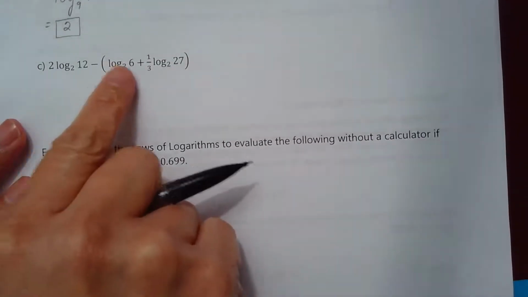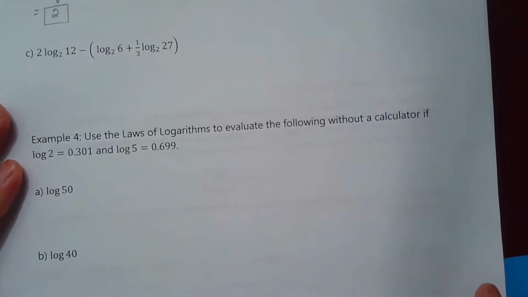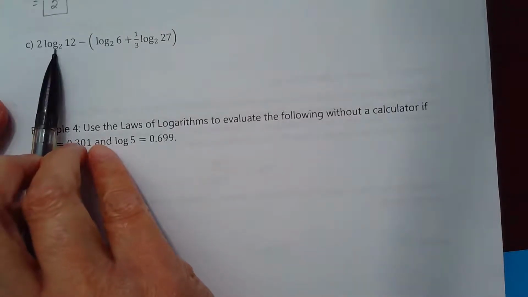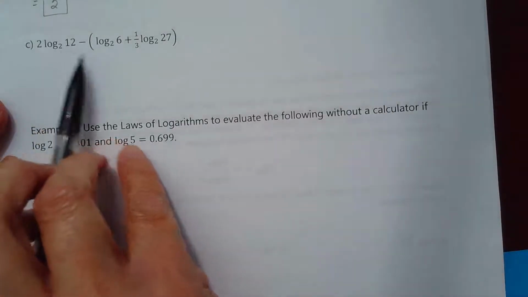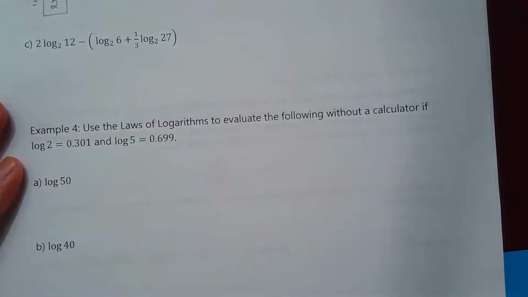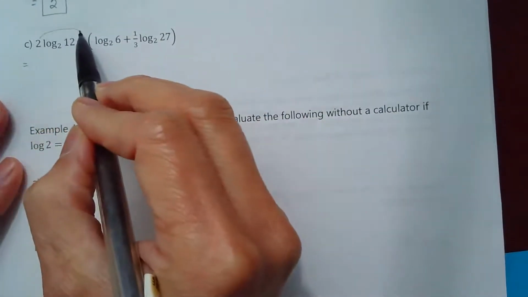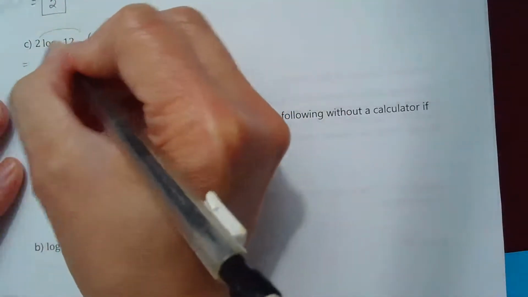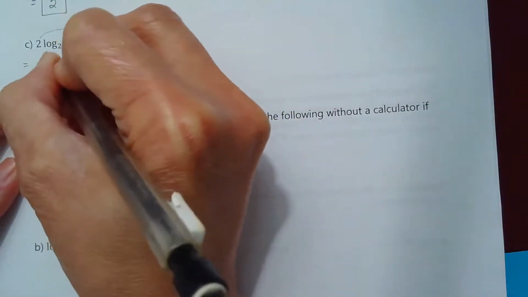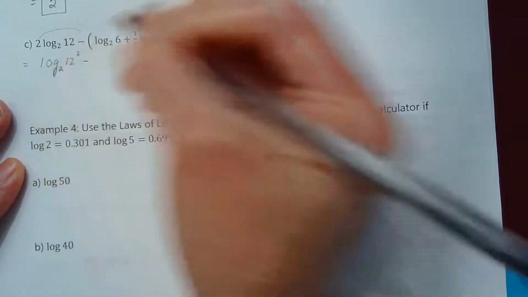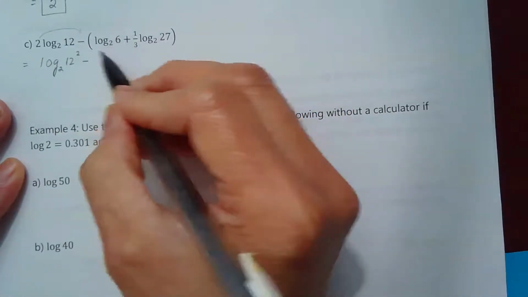Okay, now let's try this one. It's a little bit more complex, but we'll give it a try. So 2 log of 12 base 2 minus all of that. Oh, okay. So how could we do that piece? What can I do? Oh, I can put this 2 as a square there. So it's going to be log of 12 squared base 2 minus, I got to figure all of these out.